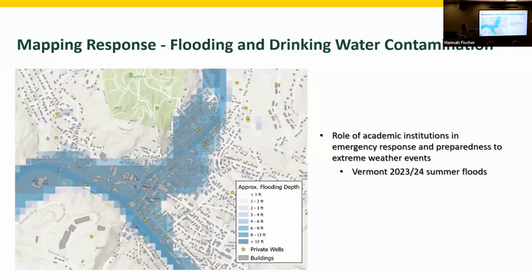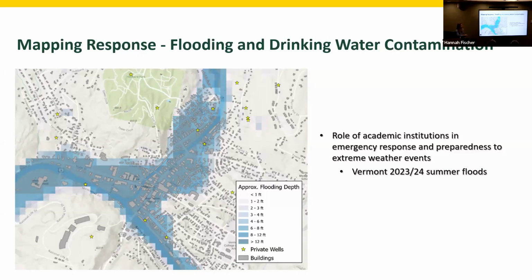We created an approximate flooding extent map using satellite imagery. So we used normalized difference vegetation index and normalized difference water index. And what we looked at was, if we mapped that flooding extent accurately, how many private wells would have been impacted and how many residents might need water testing kits and drinking water, like bottled water.